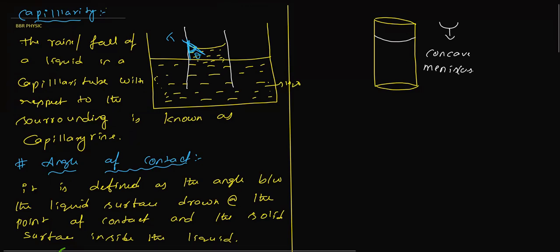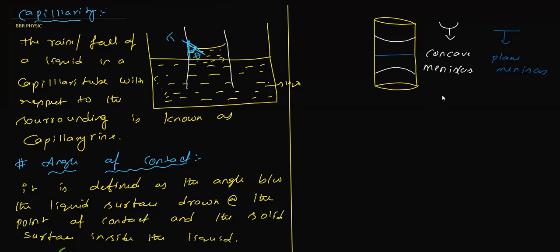For example, you get a meniscus like this. That meniscus is generally called a plain meniscus. For example, you get a meniscus like this.